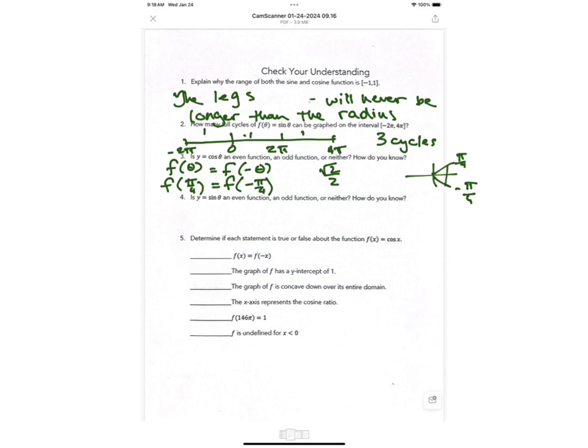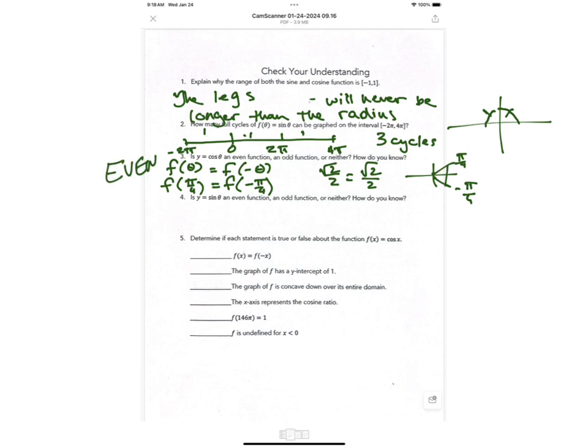Square root of 2 over 2. Both square root 2 over 2. They're equal. You could have seen that had we graphed the cosine curve. Cosine is symmetric on the y-axis, so I'm going to get the same value for y in both places. Good. So it's even.